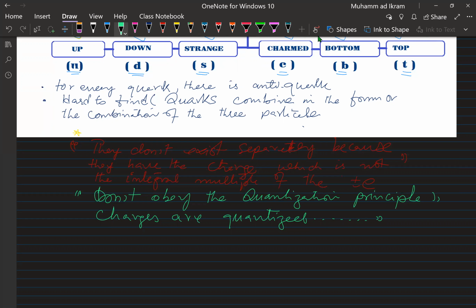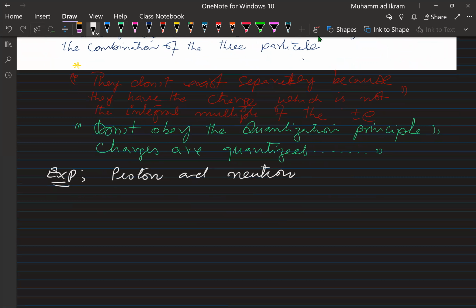For example, just one simple example I want to tell you. Look at the proton and neutron as examples of composite particles which are made up of quarks.